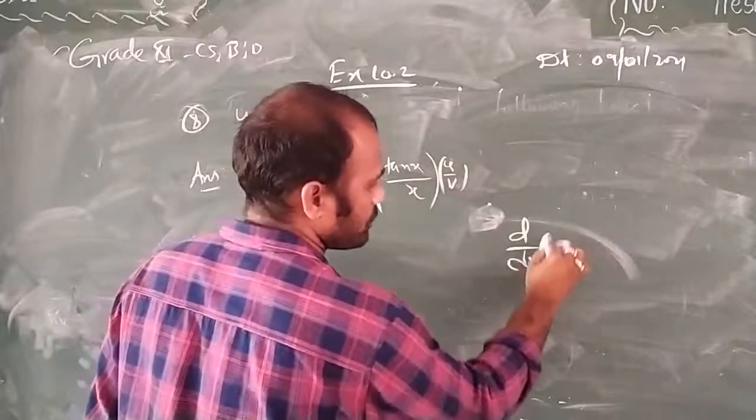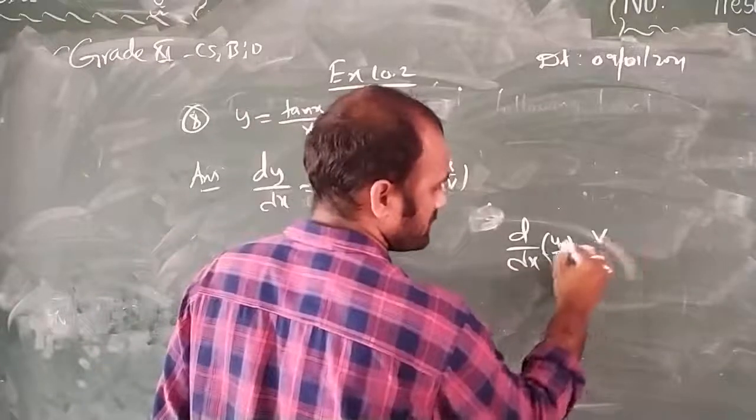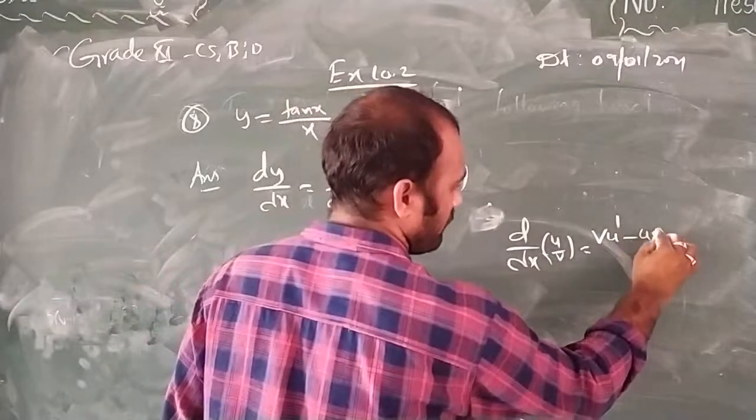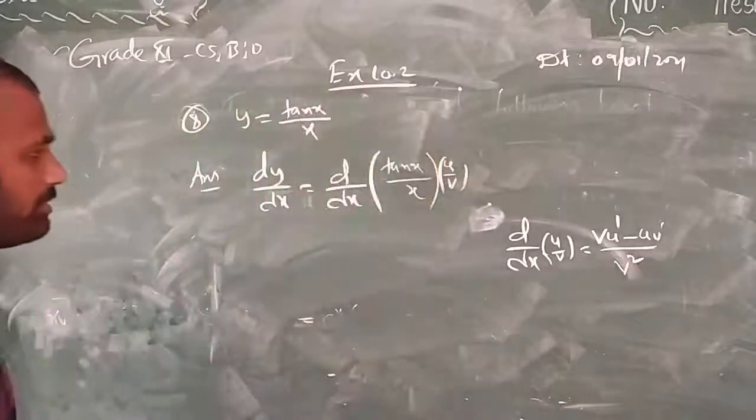d by dx of u by v can be written as denominator function as it is, derivative of the numerator function, minus numerator function as it is, derivative of the denominator function, divided by denominator square. So let us apply this.